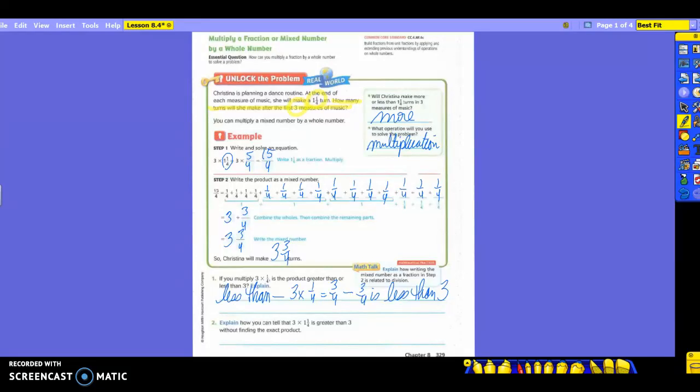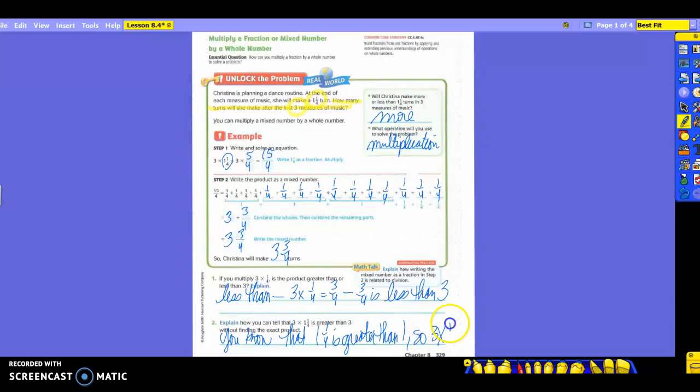So when I multiply my 3 and my 1 even, I'm still going to get the 3, but I have still some left over, correct? Okay, so you know that 1 1/4 is greater than 1.